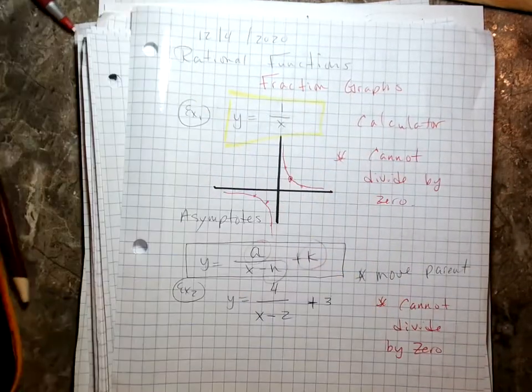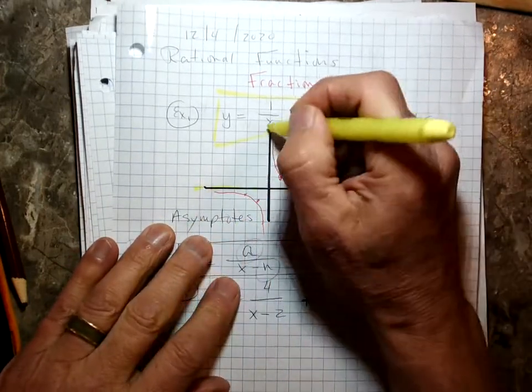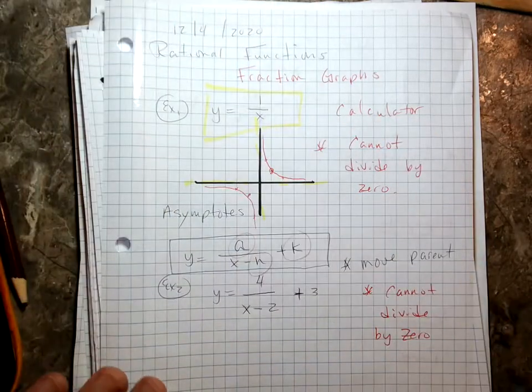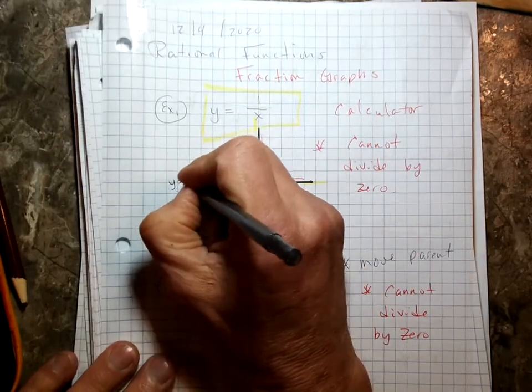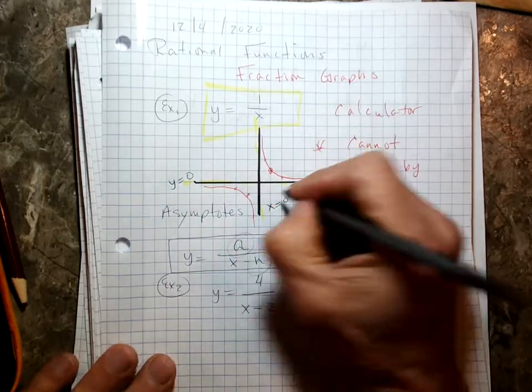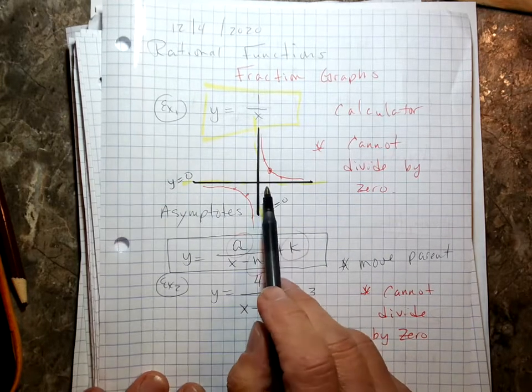Now, we have horizontal asymptotes and a vertical asymptote. So my horizontal asymptote is at y equals 0, and my vertical asymptote is at x equals 0, okay? Now, what we want to do is take these graphs and move them. But before we do anything, let's take a look at the asymptotes.